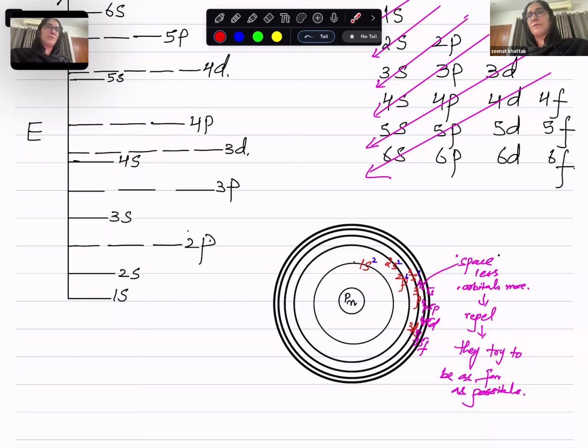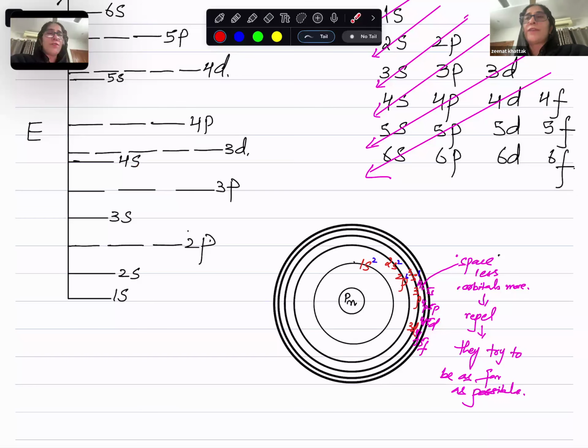We don't have any issue. Do you understand? So the region is less and they get overlapped. You can say they come up and down, and they find their comfort area where they are at low energy. So it's not necessary that after 3p it's exactly 3d that will come. It can be 4s that can also come.